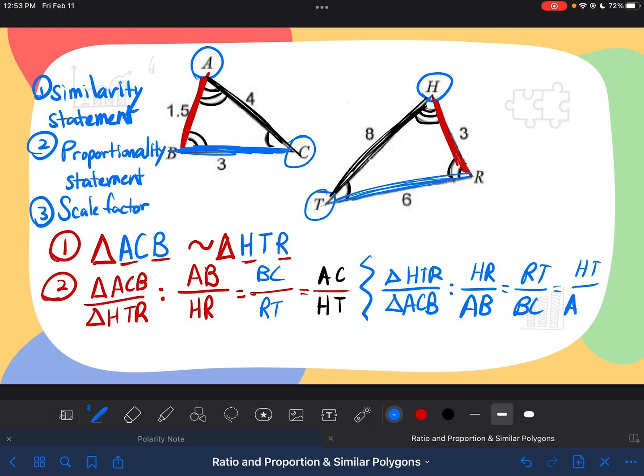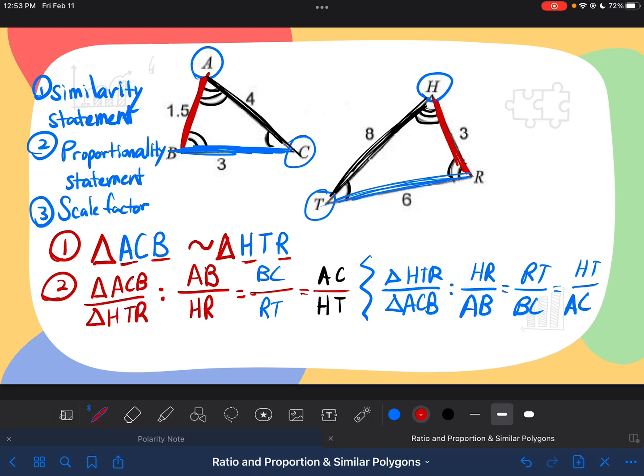Okay? And that's how we figure out the proportional statement. So make sure that you draw or bold or do whatever can help you mark which side will be the same to which side.